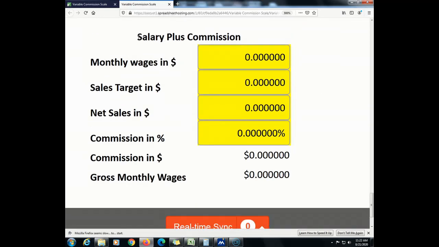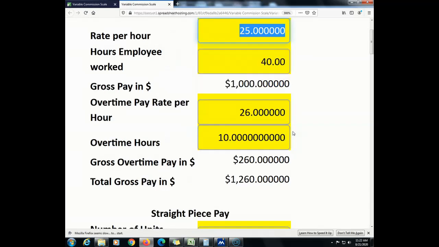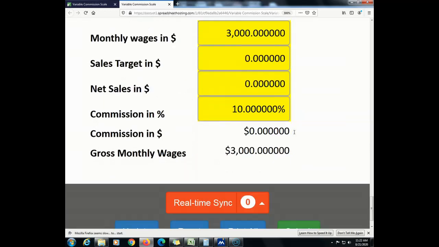Finally, you have your salaries plus commission method. So let's say you work for a company that sells or provides cable service. Now let's say you get paid base pay and you get commission on top of that base pay. So let's say your monthly wages or your base pay is $3,000 and your commission is 10% for reaching a certain target.